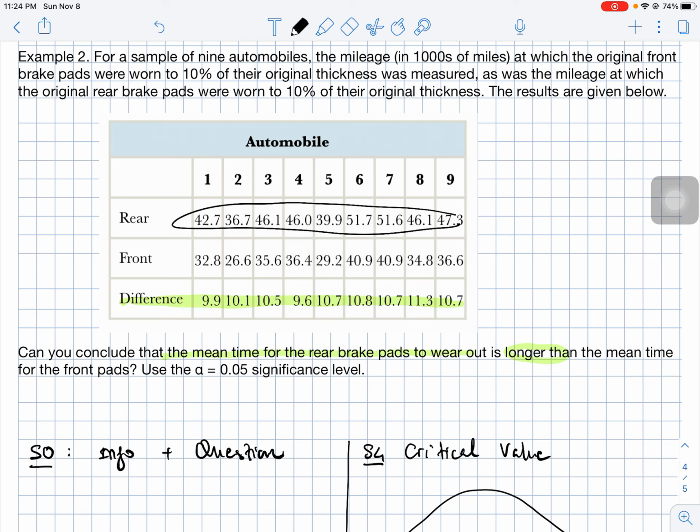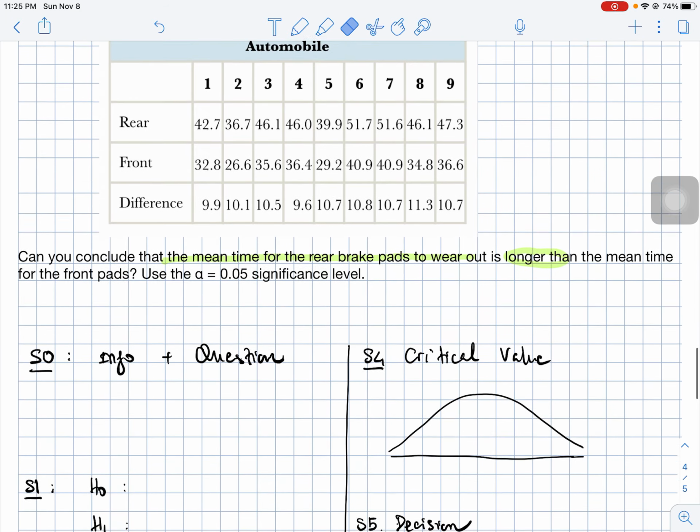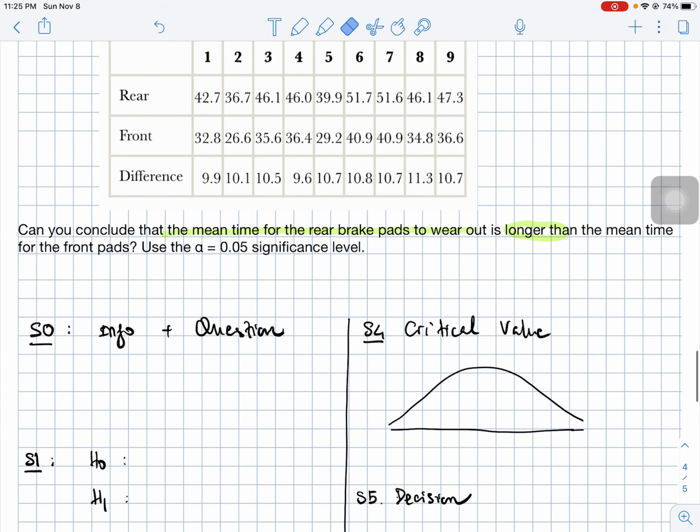And you can see that they are bigger. In order to have a positive number in the difference, we will do rear minus the front. It's because bigger number minus smaller number makes sure the difference is positive. So that's why we will get 9.9, 10.1, 10.5, and so on.